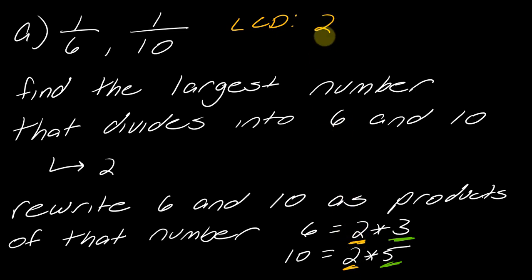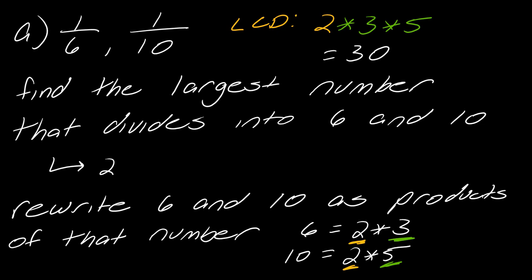This is the one that overlaps, and then these other numbers. So this will be 2 times 3 times 5. My LCD will be 30 in this case. For right now, this is all I want to do. I just want to figure out what the LCD is and get you used to that.